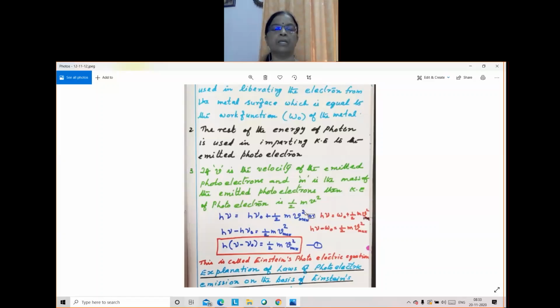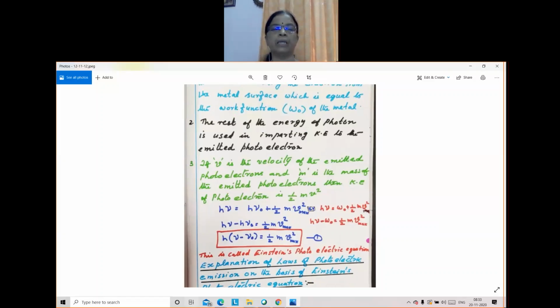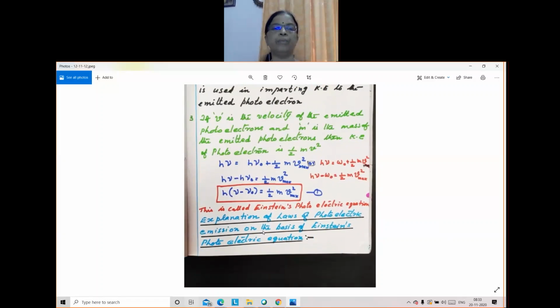So h nu minus h nu 0 equals half m v max square, and h into nu minus nu 0 equals half m v max square, where nu is the frequency of the incident radiation, and nu 0 is the threshold frequency of the radiation.